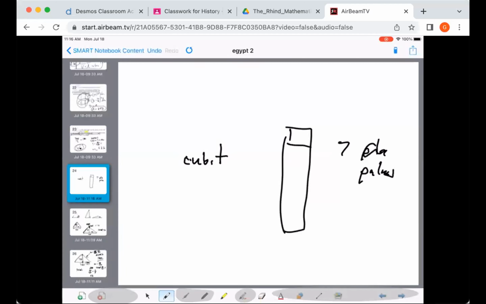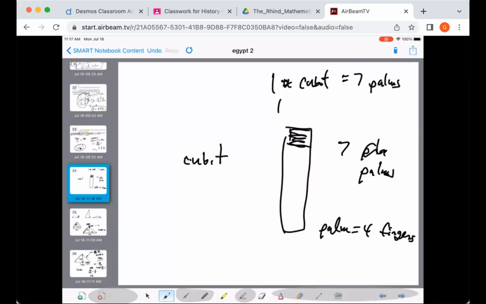Now, you could actually put your hand to measure a cubit, by going like that. The palms didn't include your thumb, so each palm was equal to 4 fingers. So 1 cubit equals 7 palms, and 1 palm is equal to 4 fingers.